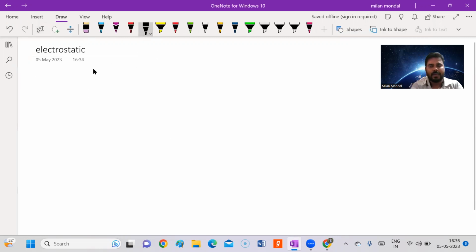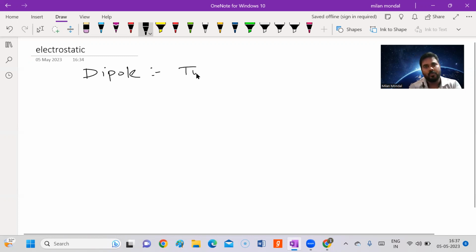So first we will see what is a dipole. As the name suggests, dipole means there should be two poles, and it is an electrostatic dipole we are considering. So when two electric charges, equal and opposite, are separated by a very small distance, then that configuration is called a dipole.